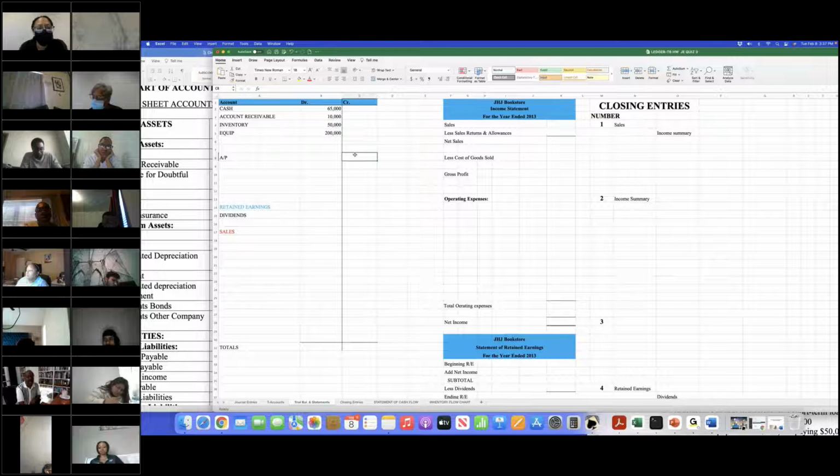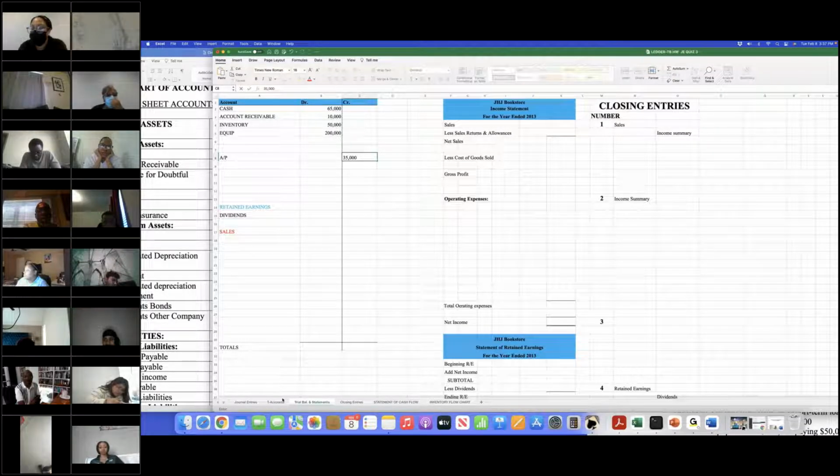And when we look in here again, we see the notes payable, short-term and long-term, they're on the credit side.